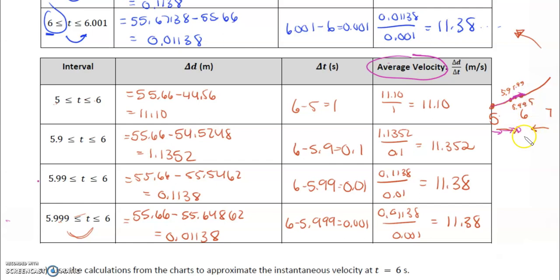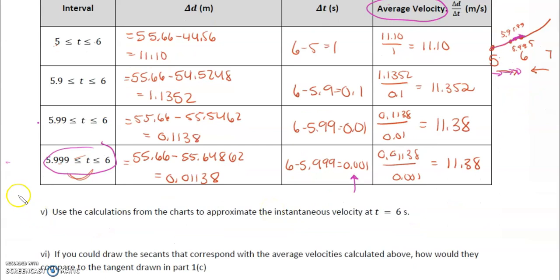We're drawing these secants that are getting infinitely close. If we look at this one, there's only a 0.001 difference between these two numbers. So that secant line is going to be so small that we can almost consider it a tangent line.